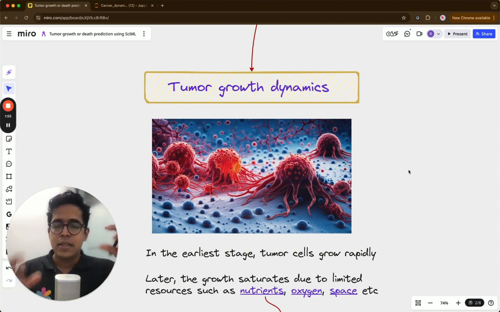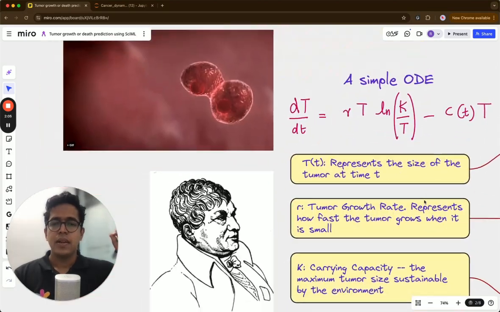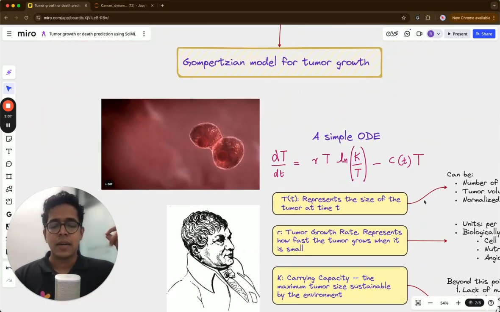So this knowledge which we have as humans can be put into mathematical equations to model the rate of growth of tumor. A simple model which can mathematically express the rate of increase in the size of tumor, or rate of increase in the number of cells inside the tumor, is based on the Gompertzian model.